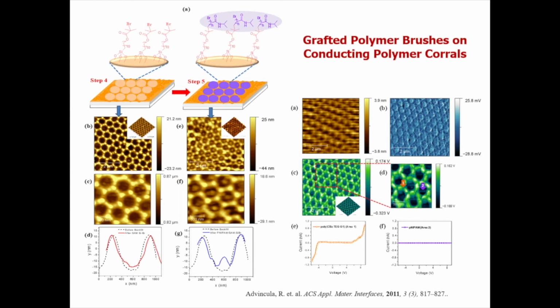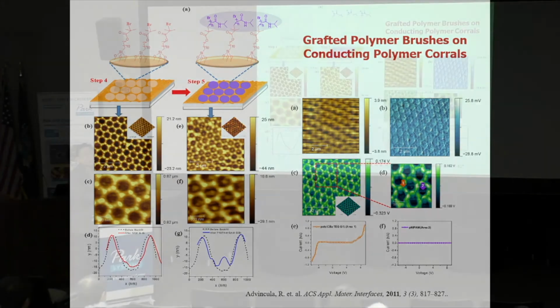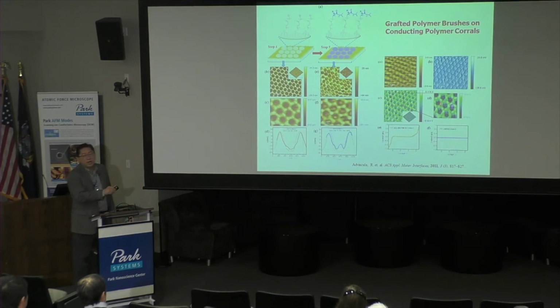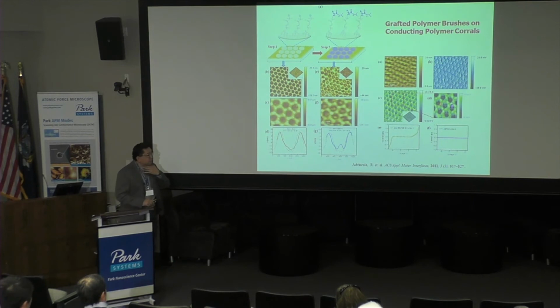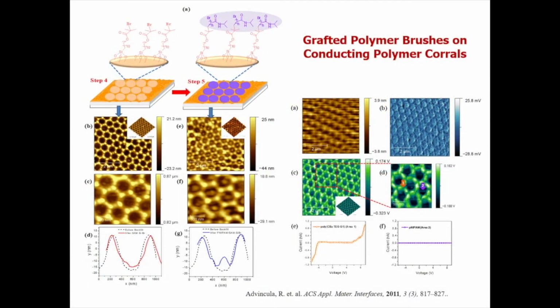On top of that, inside those holes, we can do a lot of chemistry. We can do a self-assembled monolayer of an initiator and then grow a polymer brush. So these are really two polymers, a conducting polymer and also the polymer brush. When we use conducting AFM, the green color represents the conducting polymer, and the blue color represents the non-conducting polymer brush.